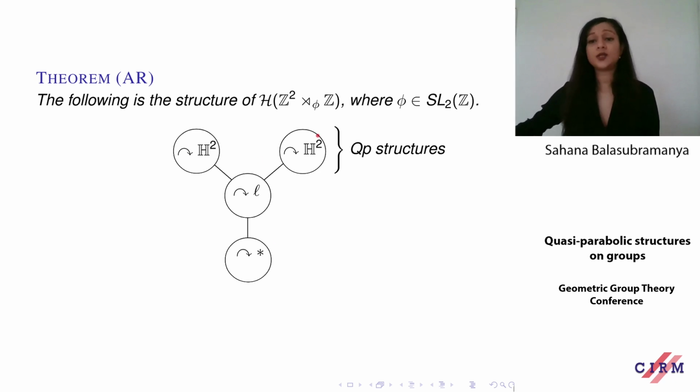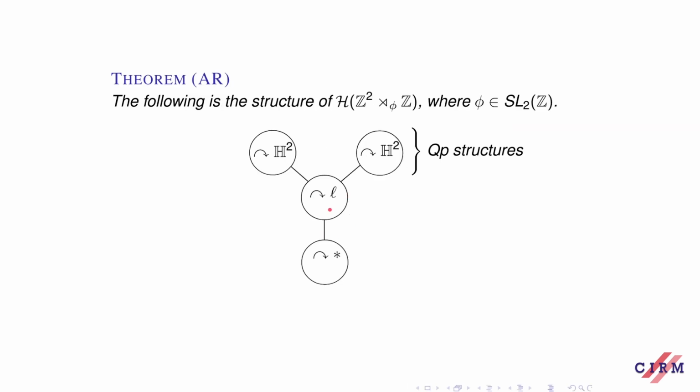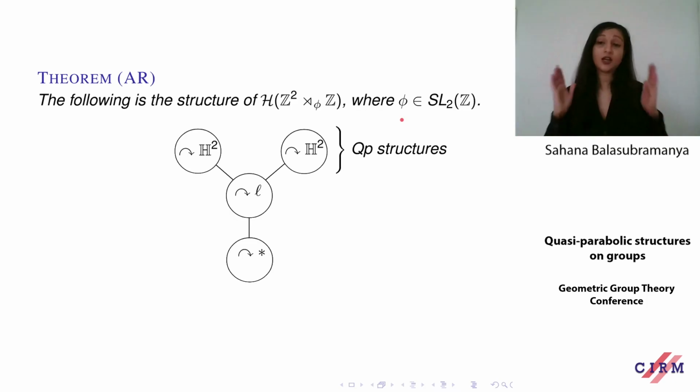So we have two quasi-parabolic structures which dominate a common lineal structure, and that dominates the action on a point. But in terms of confining subsets, what are these quasi-parabolic structures? Well, we take this matrix phi and we consider its attracting and repelling eigenline. And in terms of confining subsets of Z square, these are neighborhoods of the attracting and the repelling eigenline for phi.